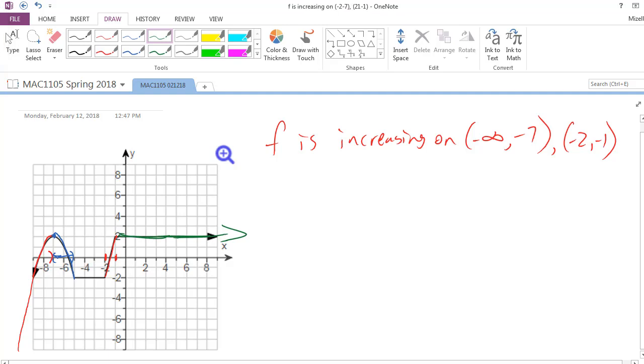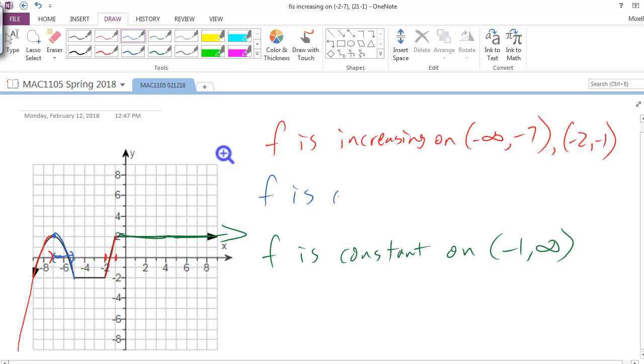The arrow indicates it continues infinitely far in the direction that it's pointing. It's not pointing up or down, it's pointing straight across. So I'm thinking f is constant on the interval from -1 to positive infinity.